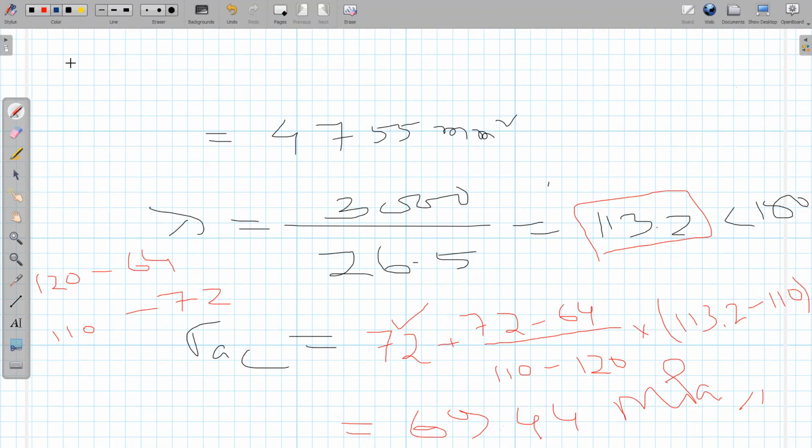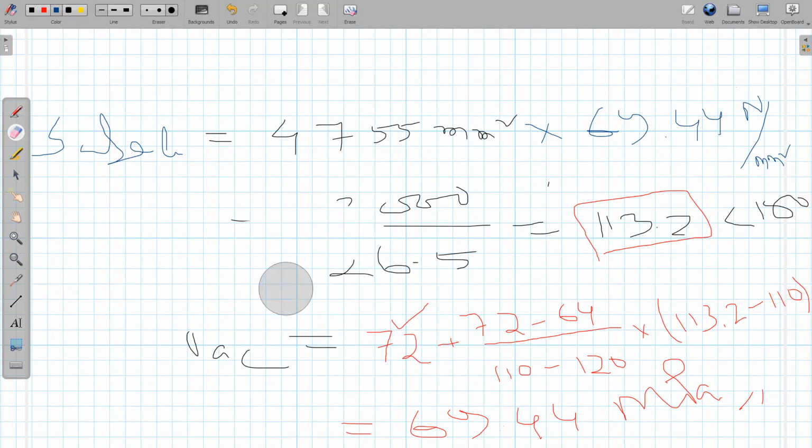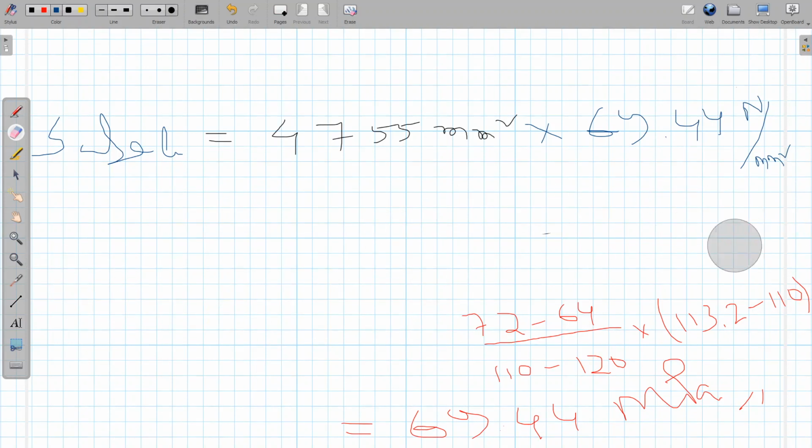So my safe load is equal to this value multiplied by 69.44 Newton per millimeter square divided by 1000. So that will give you the value in terms of kilonewton.